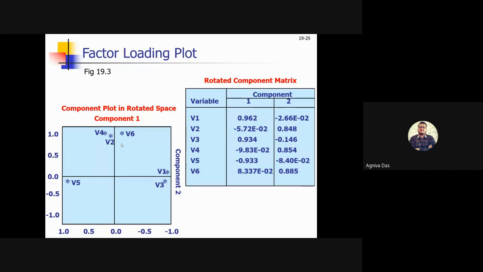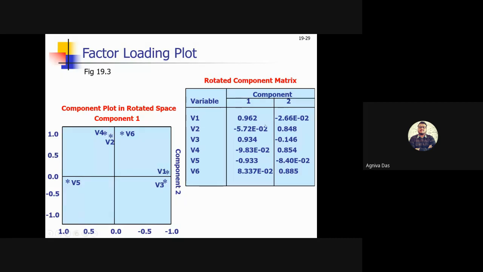So they will be in the rotated space of component 1, and from the other angle, if you look at it, let's say V2, V5, and V6, V1, V3, right? So based on that, if we now make a rotated component matrix, it will look something like this.